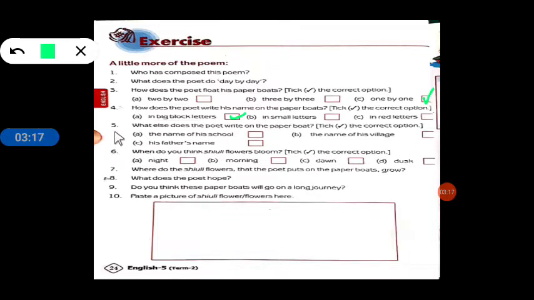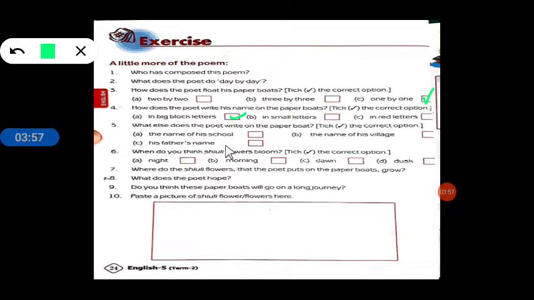Then the fifth one: what else does the poet write on the paper board? Along with his name in big block letters, what else does he write? A, the name of his school; B, the name of his village; or C, his father's name.